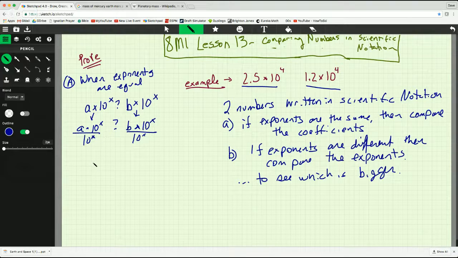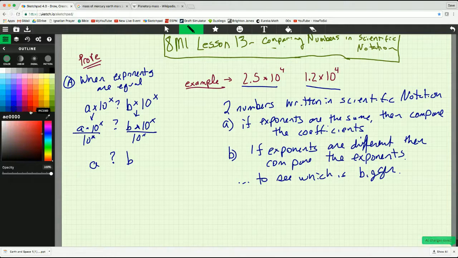On the left side we have A, and we want to know how that compares to B, because these things cancel. If you're comparing A or B and you want to know which one's bigger, you just simply ask which one's bigger. So this is just kind of an informal proof.